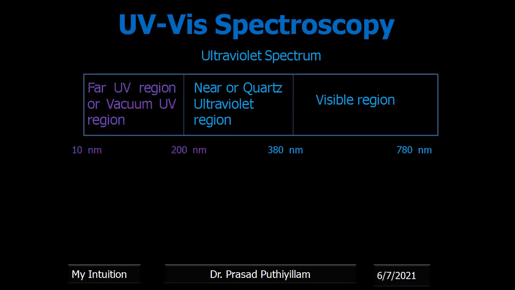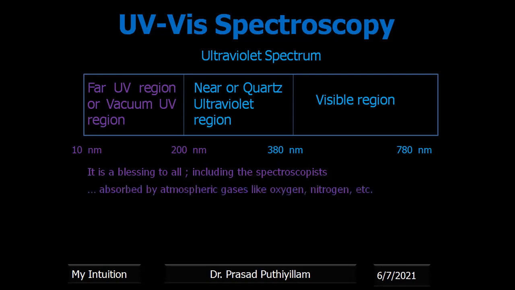From that, the far UV region, which is 10 nanometers to 200 nanometers, is actually a blessing to the spectroscopist, because as already explained, this UV region can be absorbed by the oxygen and nitrogen, and mainly the ozone.